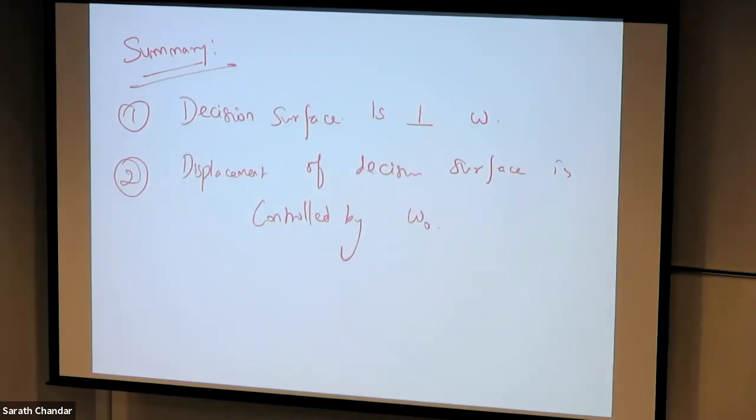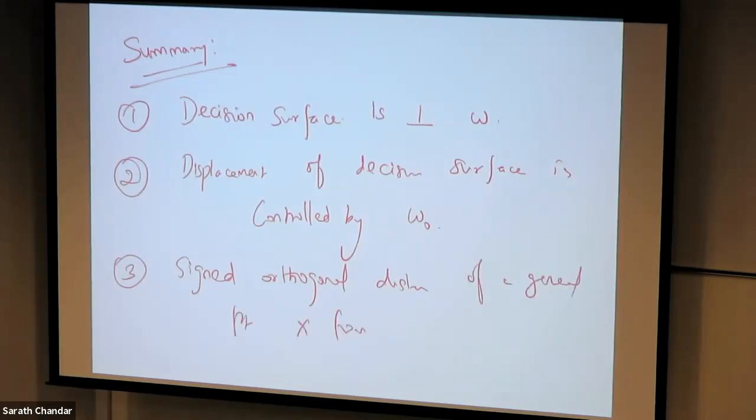And third of all, the signed orthogonal distance of a general point x from the decision surface is given by y of x by norm of w. Is that clear? So we are going to make use of these properties when we design algorithms. That's why we see these properties now.